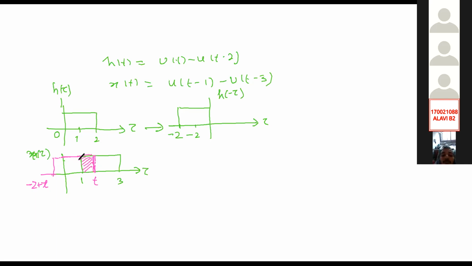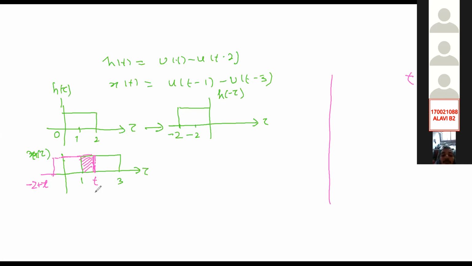Fine. Now, let us put the result in this section. If your t is less than 1, will there be any overlap? No, sir. Because at t equal to 1, the leading edge of your pulse just coincides with the trailing edge of your signal.